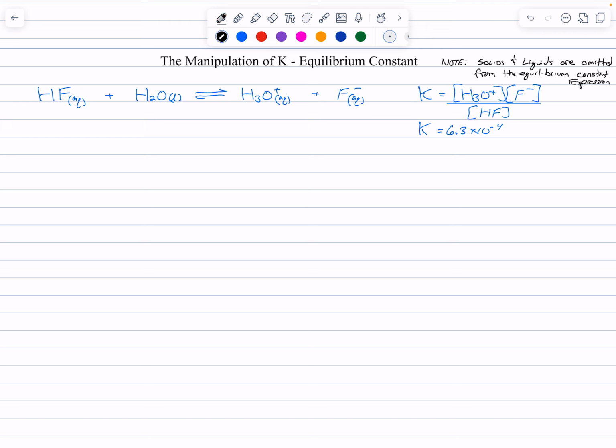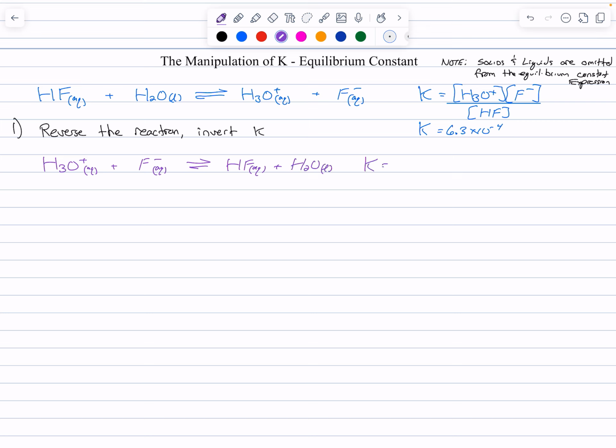So the first manipulation is if we reverse the reaction, you invert K. If I reverse the reaction, I would have H3O+ and fluoride going to hydrofluoric acid and water.